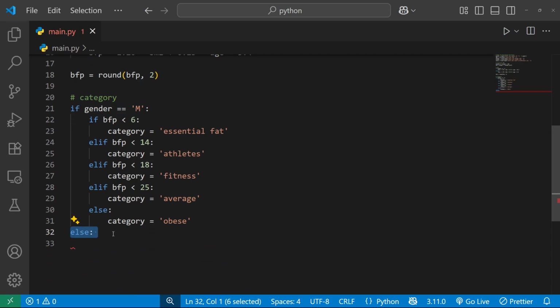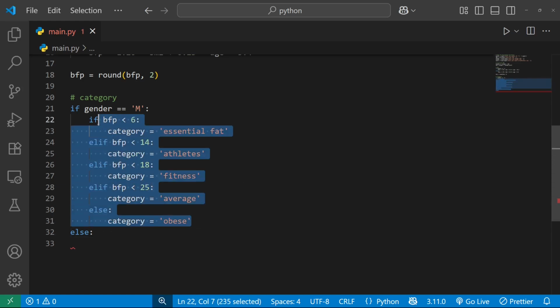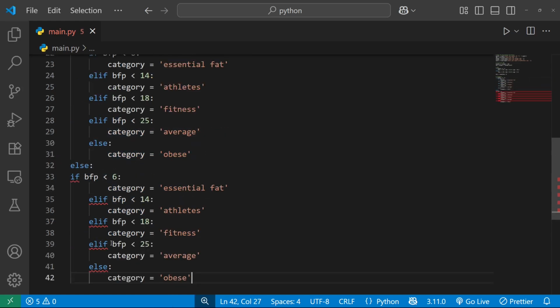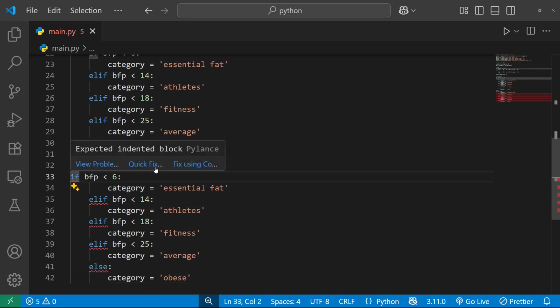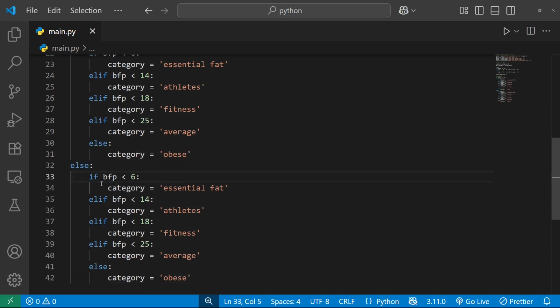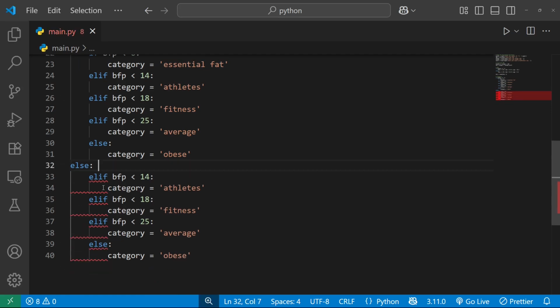For female it's slightly different, so I could maybe copy it. Be careful about the indentation. It's very important. We spoke about it. If BFP is less than 14, category is essential fat.